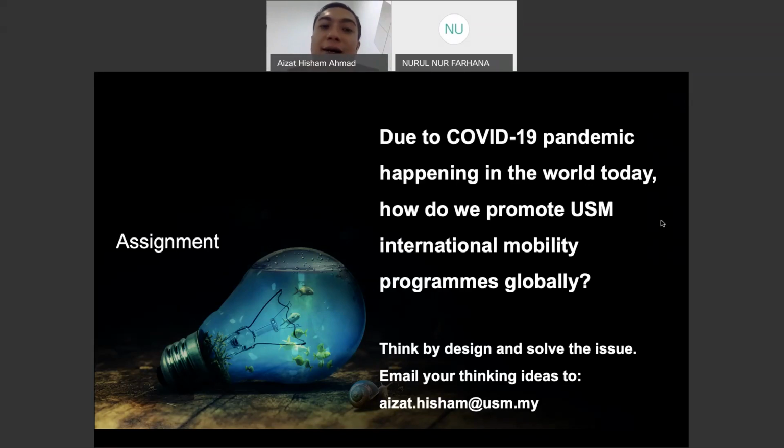And I take this opportunity to give to you guys to attend this design thinking program to apply design thinking in order to solve the problem. Okay, so think by design and solve the issue. There is no specific format, but you can always use the design thinking phases to provide your suggestions.